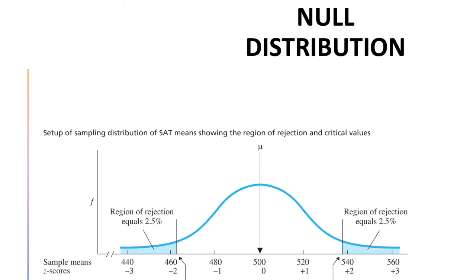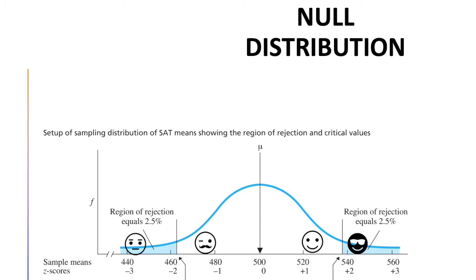But we take, and again, you've seen this before, we take that score, we place it on the distribution. So if our sample mean falls here, then it probably belongs on the null, and we presume that our null hypothesis is true. If it falls here, we'll presume that it belongs on our null distribution and our null hypothesis is true. If it falls here, then the probability that it belongs is really low, so we will reject it and say that our alternative hypothesis is supported.